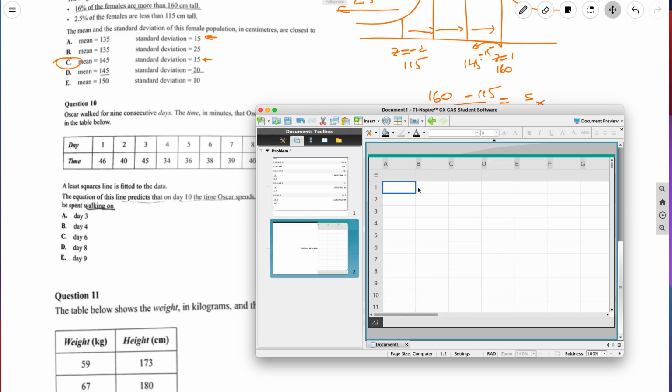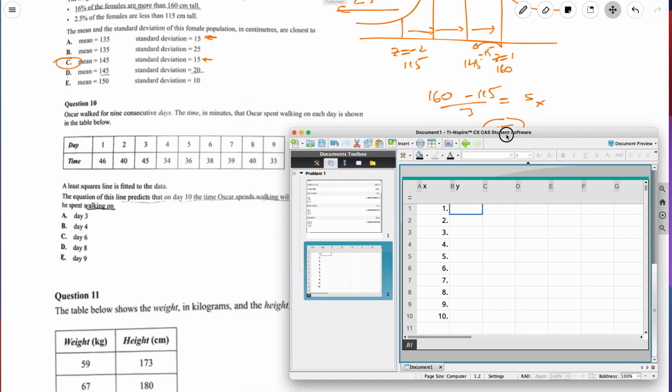So you'd go to statistics on the Casio. Here we're going to do this. So we've got day. I'm just going to call that X and Y. And therefore, we've just got 1, 2, 3, 4, 5, 6, 7, 8, 9, 10. Bear with me here.